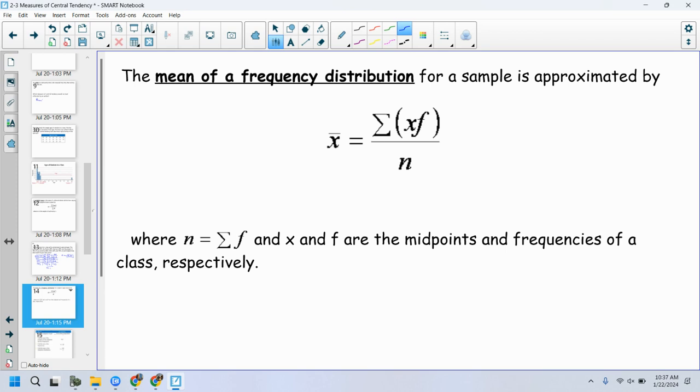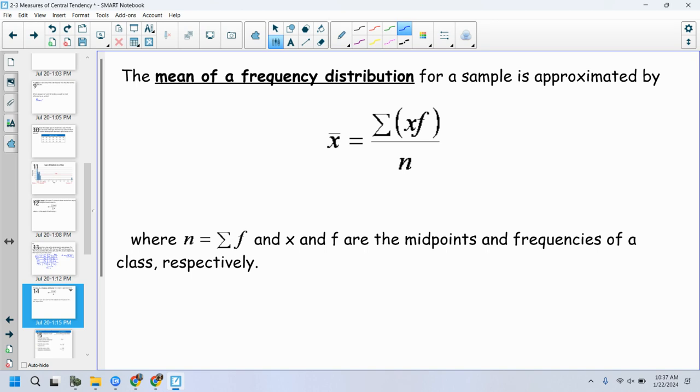Now, is this the exact mean? No, it's just the mean of the frequency distribution. The exact mean is probably going to be pretty close, but it's not going to be exact. So the x bar for a frequency distribution is the sum of xf divided by n. What is x and what is f?